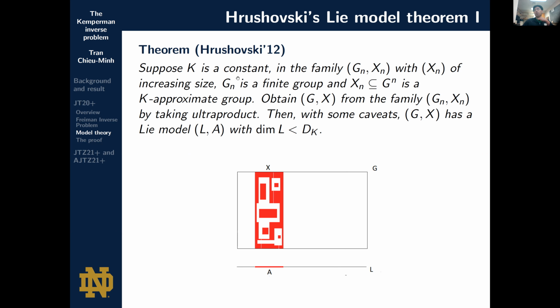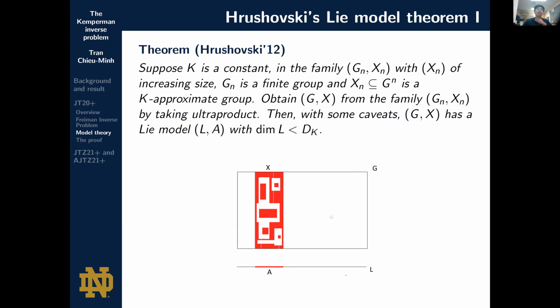And if you think about it, why do we need to take the ultraproduct? This theorem can be read as saying that if you have a sufficiently large finite approximate group, you will be able to construct a certain kind of approximate or quasi group homomorphism into a Lie group, right? But if you take the ultraproduct, all this error disappears and this becomes an honest group homomorphism.